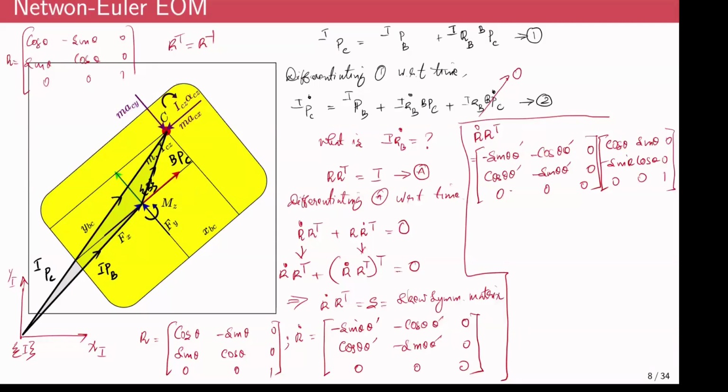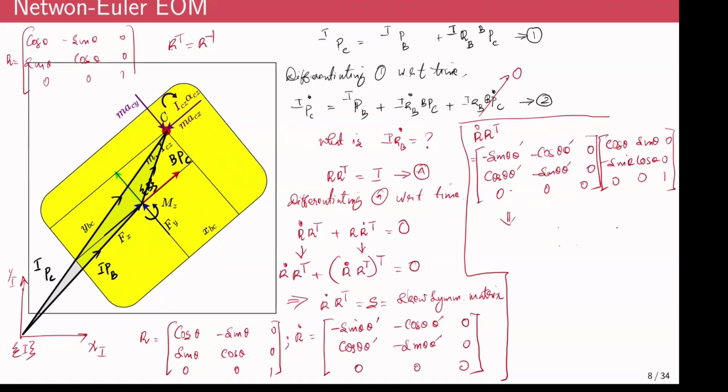So if we expand this, what will you get? If you expand that out, you will get minus sine theta cos theta theta dot plus cos theta sine theta theta dot, so that makes it 0.